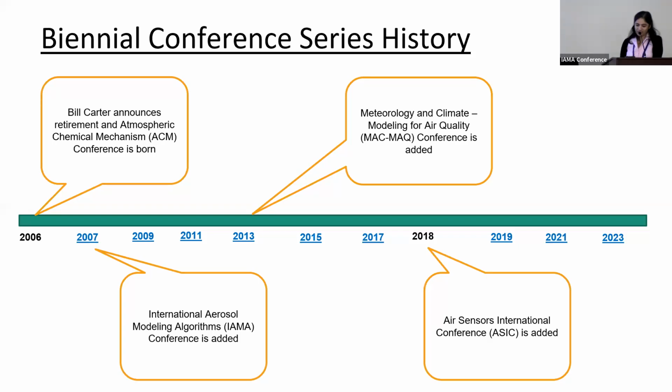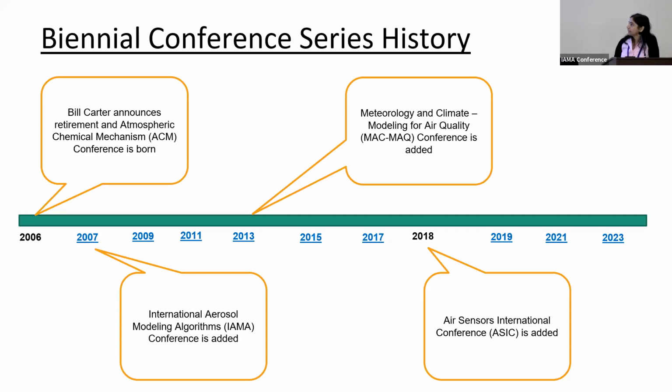The history started with the Atmospheric Chemical Mechanism Conference in 2006, which was in response to Bill Carter's retirement announcement. For those of you who don't know Bill, he's the lead developer of the SAPRC chemical mechanism, which is the chemical mechanism used in California for all of our regulatory modeling efforts.